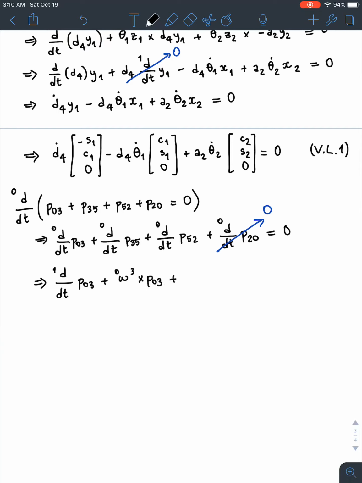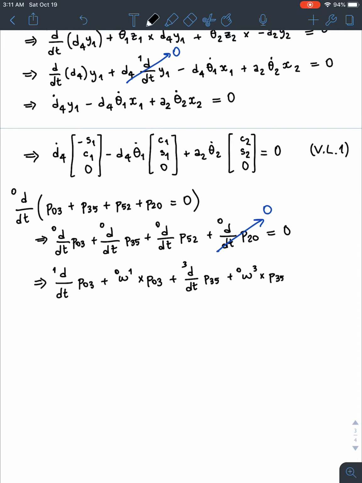For the second term up here, I'm going to take that derivative we set in the third frame by using the differentiation in two frames formula again. Sorry, I made a small mistake here. This is one. Very good.